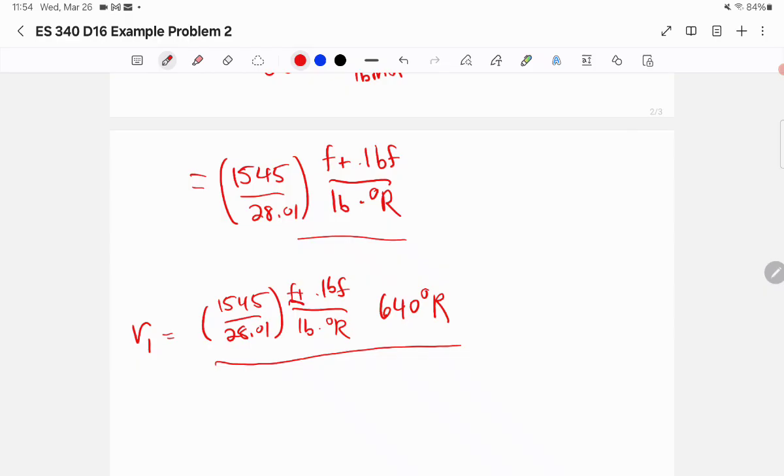So the pressure, which was given, P1 was 40 pound force per inch squared.